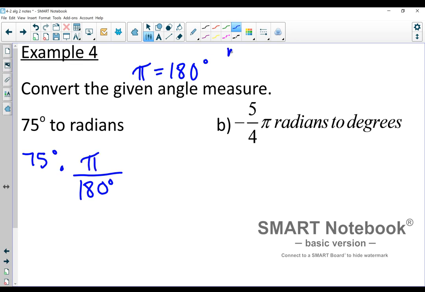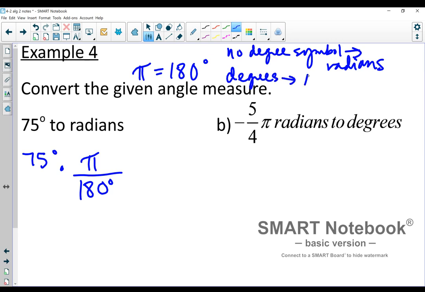No degree symbol means our answer is in radians. And for degrees, we must use the degree symbol. If you do not use a degree symbol, I'm going to be taking off points because I'm going to assume your answer is in radians.